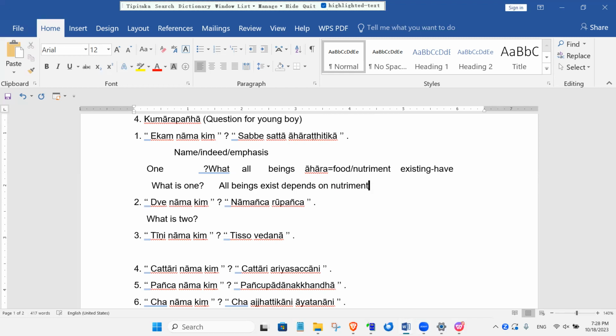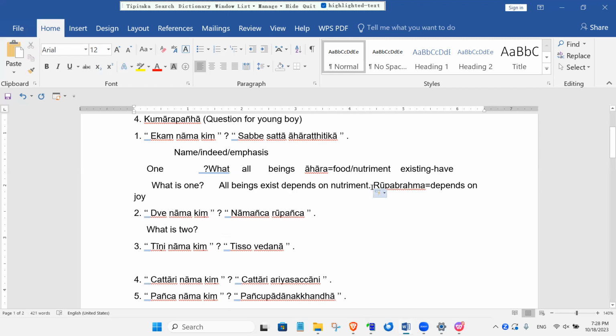Not all beings eat food. Some beings, like the rupa brahma, live depending on joy. So they don't eat normal food. That's why we use the word nutriment.